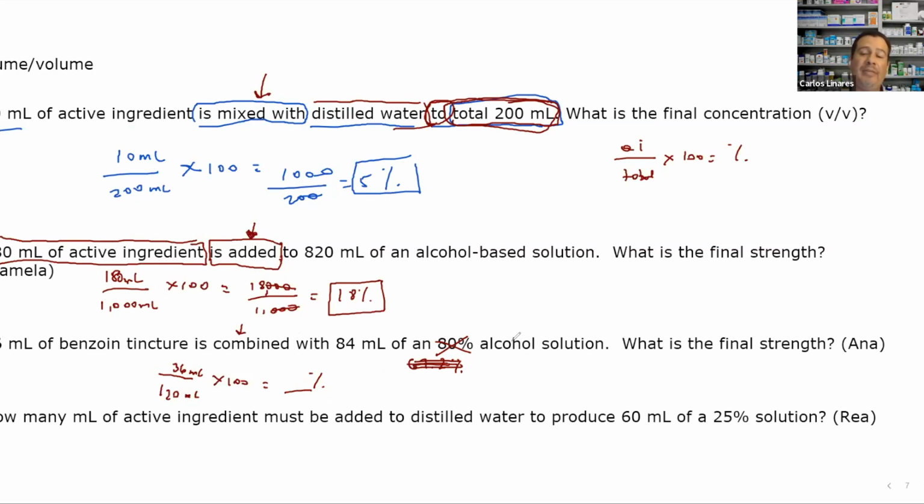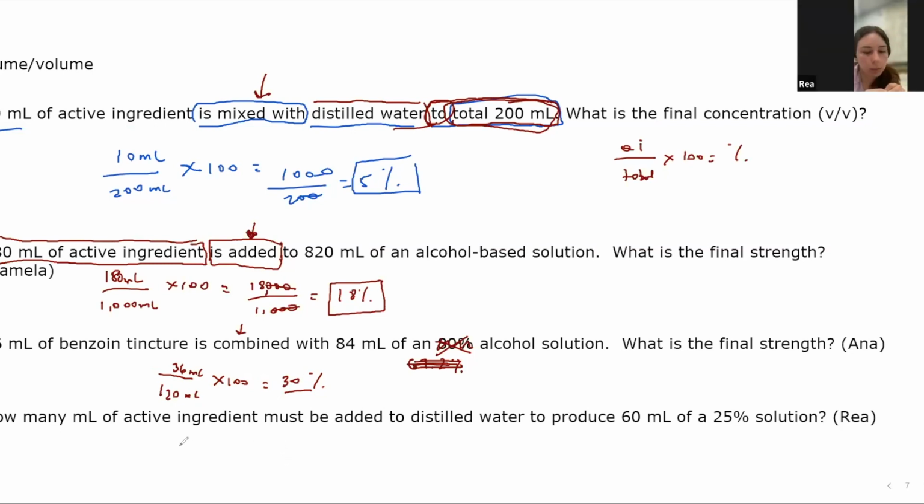It could be 70, it could be 100, it doesn't matter. This is being used as a base, so that 80% is not considered in the problem. So the rest you would do the same as you did: 36 benzoin tincture, which is the active ingredient, over your total, because you are combining the benzoin plus the alcohol solution. That's 120, like you said, times 100. 30%.